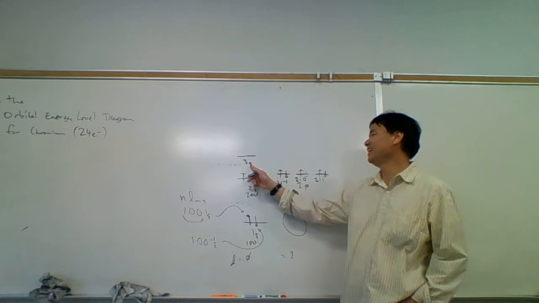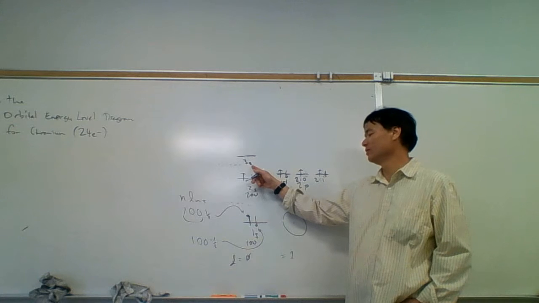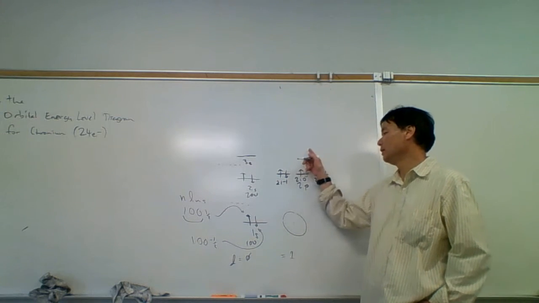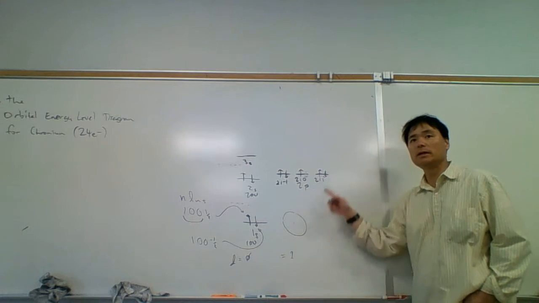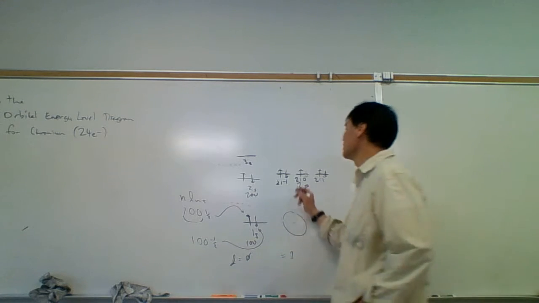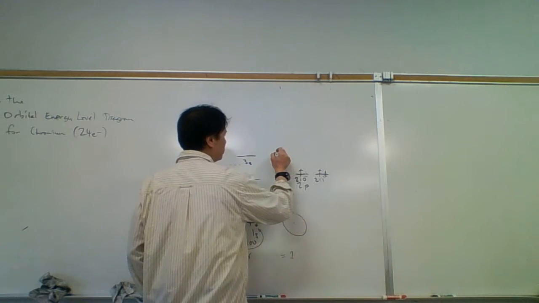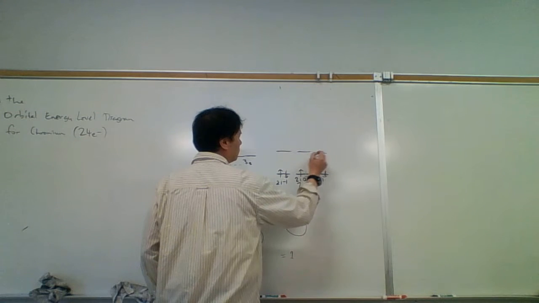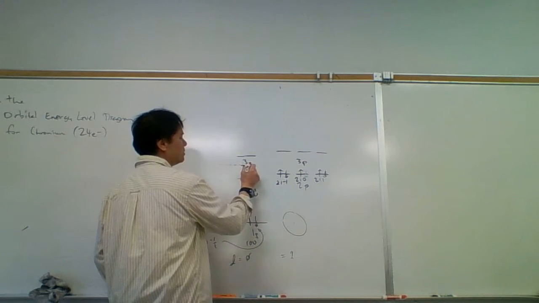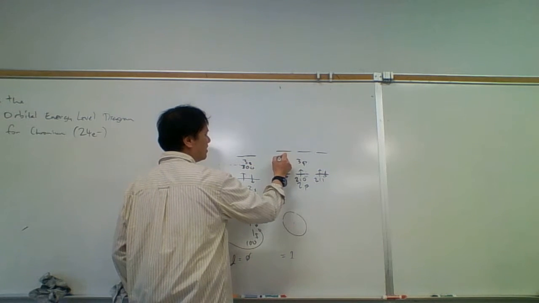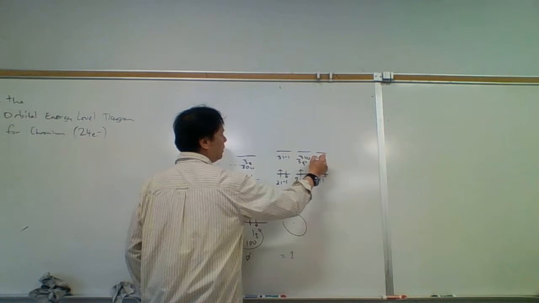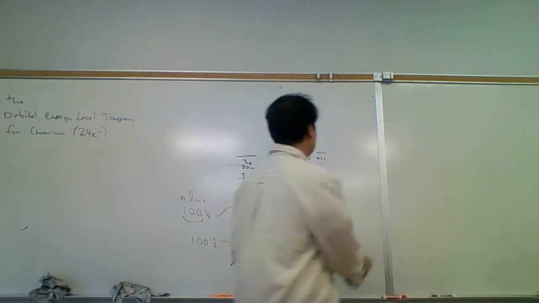If n equals 3, then L can be equal to 0, L can be equal to 1, and L can be equal to 2, but L cannot be equal to 3 because that would exceed it. And so for the 3s, we're also going to have 3p. The 3s is the 3, 0, 0. 3p, L equals 1, so we've got 3, 1, negative 1, 3, 1, 0, and 3, 1, 1. But what about the 3d?